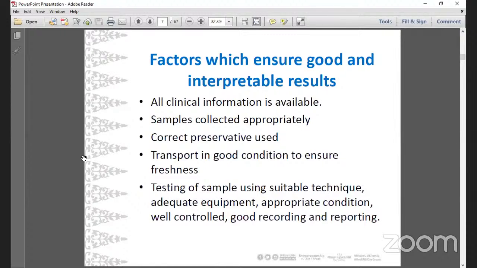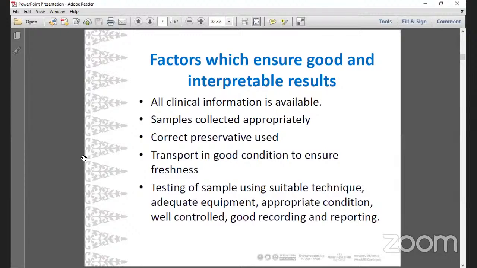So what are the factors that ensure a good and interpretable result? For us to ensure that the result is good and interpretable, the clinical information of the history and the physical examination findings must be available, and the samples must be collected appropriately.